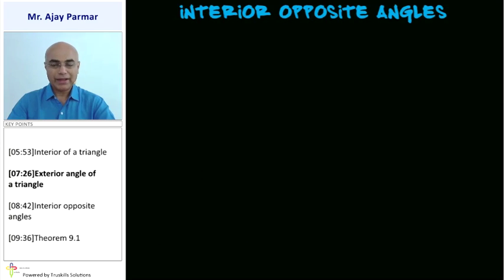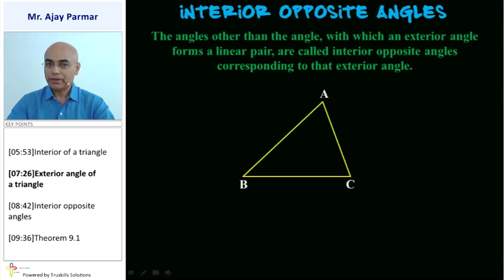Interior opposite angles of the given triangle. The angles other than the angle which forms a linear pair with the exterior angle are considered to be the interior opposite angles of that corresponding exterior angle. Supposing angle ACD is an exterior angle of triangle ABC.